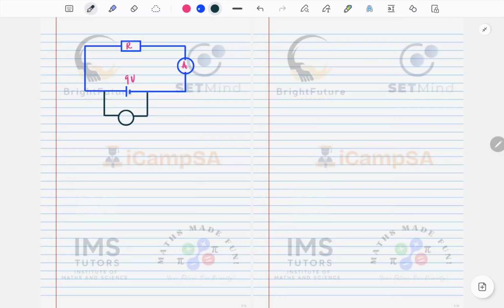This circle is going to represent our voltmeter. You can see that we only put the voltmeter parallel to whatever we want to measure.